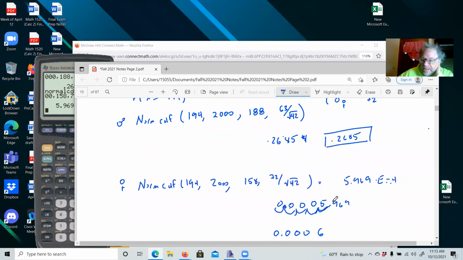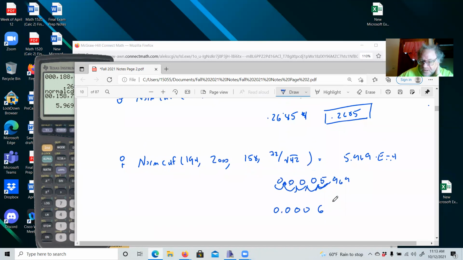So that would be how we're going to do this. When you see this E here, remember that's telling you to move the decimal place. If you write down, oh, my answer is 5.969, and you think, well, I don't understand it, so I'm not going to write it, this is going to be wrong in a couple of ways. First off, you came up with a probability that is bigger than 1.